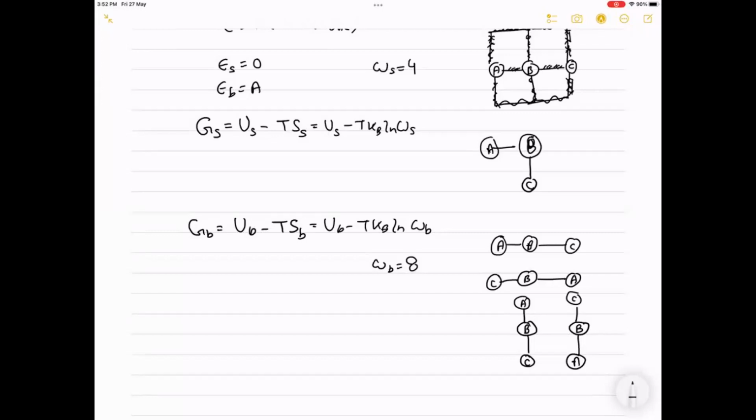Let me just quickly show you how we are going to get 4 and 8, for those who were not able to figure it out.